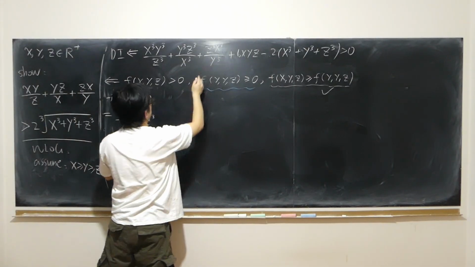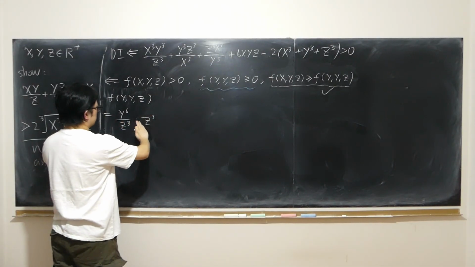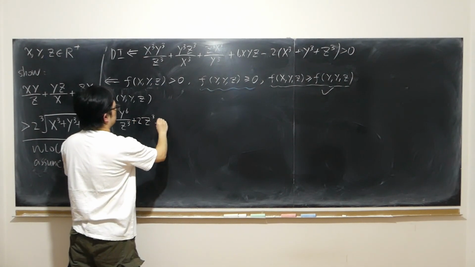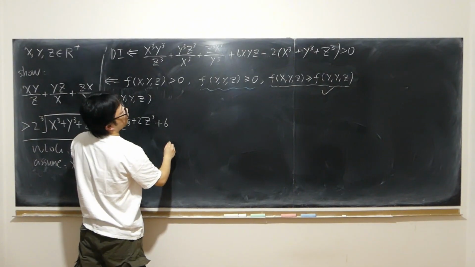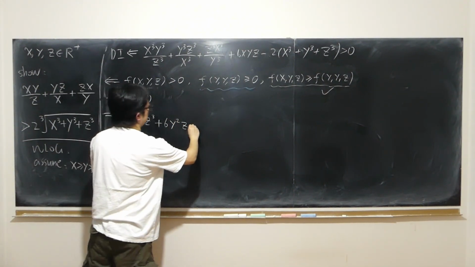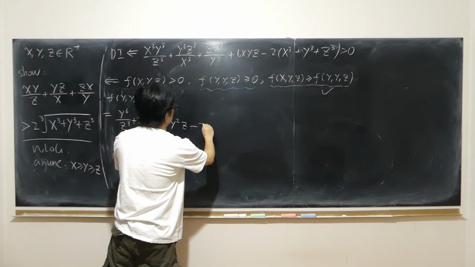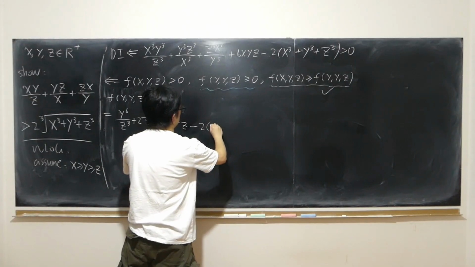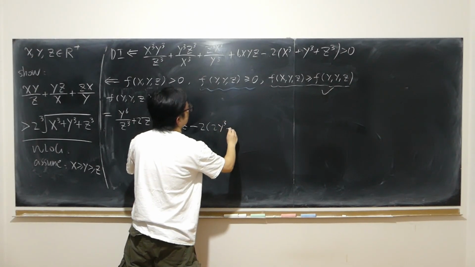X becomes y, we have another z cubed, so twice z cubed plus 6 times y squared z minus 2 times, x becomes y, so 2 times y cubed plus z cubed.